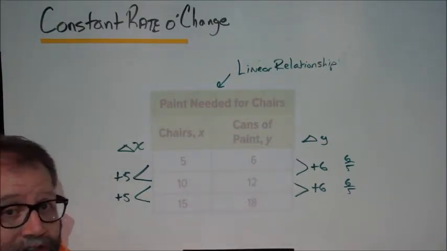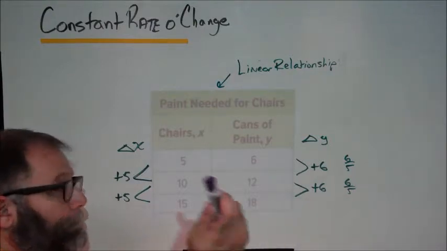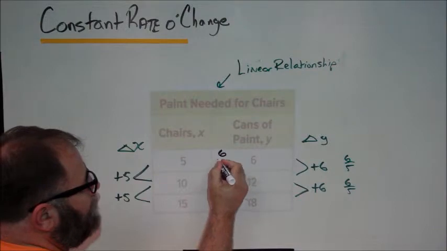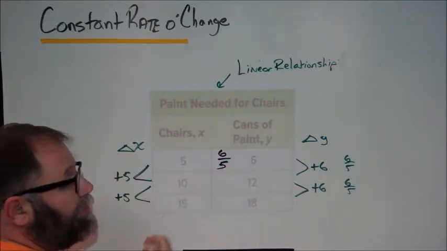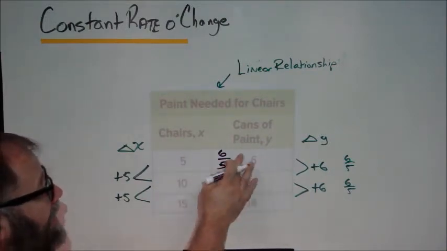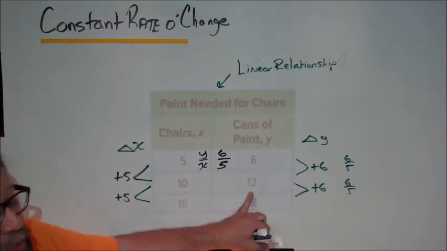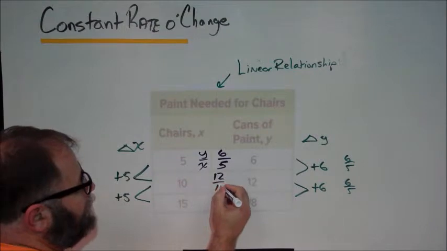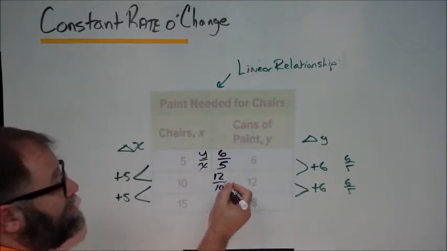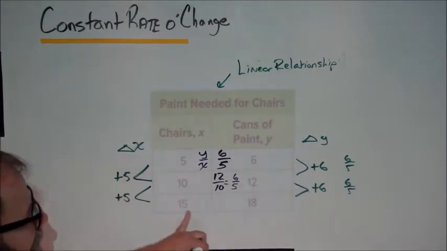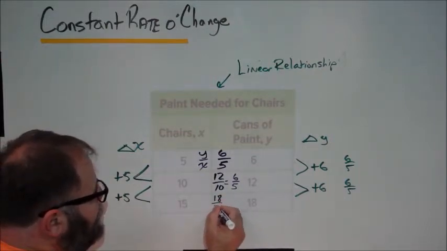So in that, we look at this and say, let's get purple. Purple will be good for this. Here I've got y is 6 and x is 5. So there's my ratio of y to x. So let me write that as y over x. Here I've got 12 over 10. 12 over 10 simplifies to 6 over 5. 18 over 15, 18 over 15.